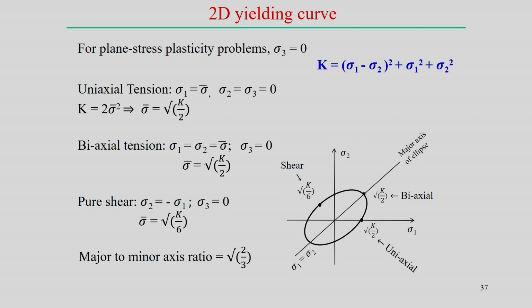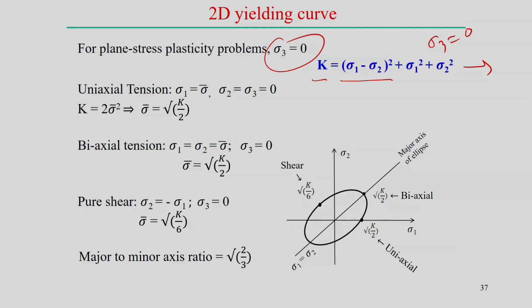For example, in a plane stress plasticity problem, sigma 3 equal to 0, what may be the yield surface functional form? The functional form is k equal to sigma 1 minus sigma 2 squared plus sigma 1 minus sigma 3, with simply sigma 3 equal to 0. This is the functional form of the yield curve for a 2-dimensional stress state.